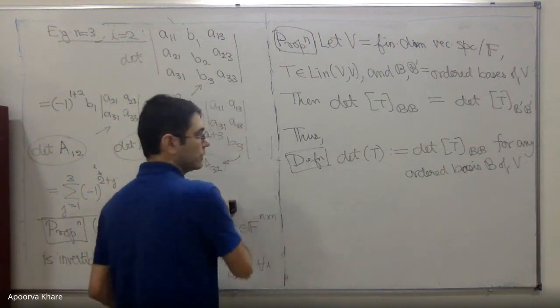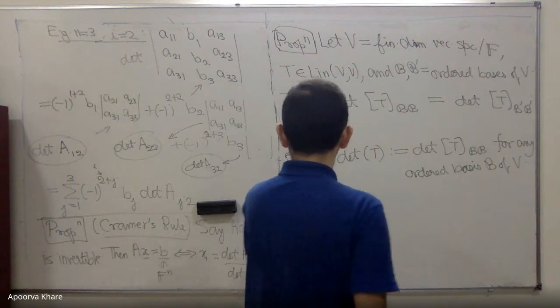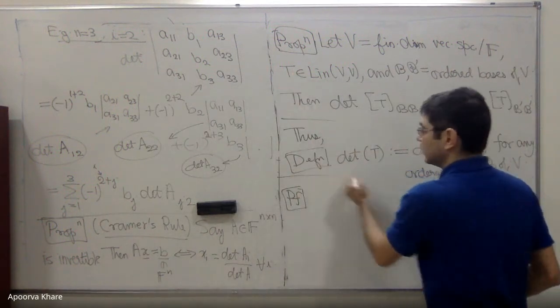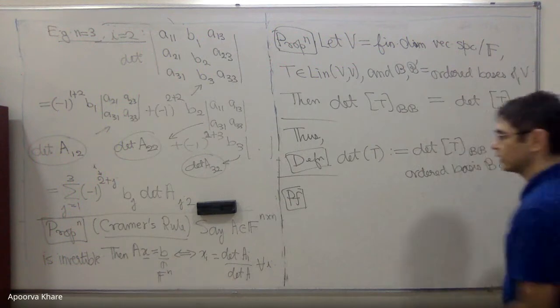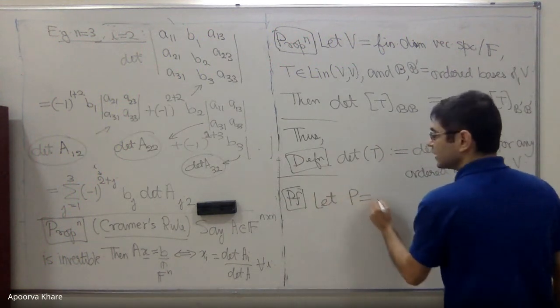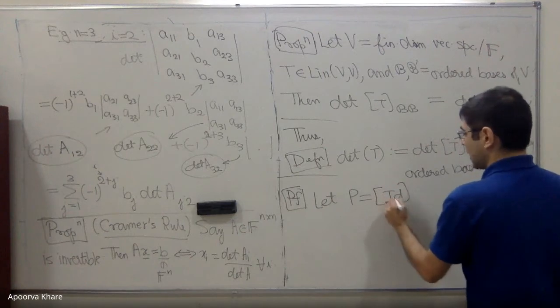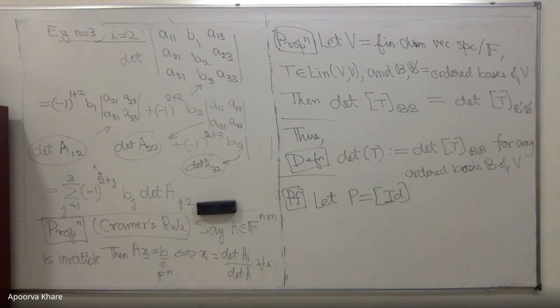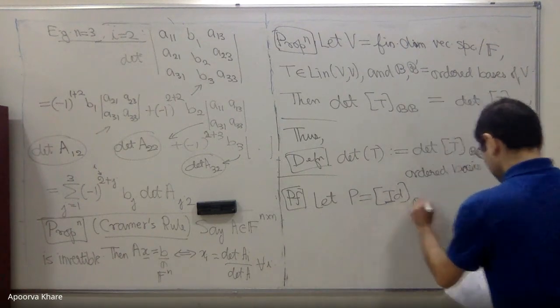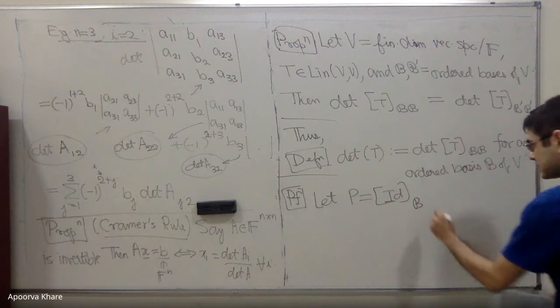Proof. The proof is also very simple. The proof of the proposition, of course, not of the definition. Let's write down the change of basis matrix, the identity from B to B prime, or B prime to B. I wrote it down one way, so let me write it down that way.